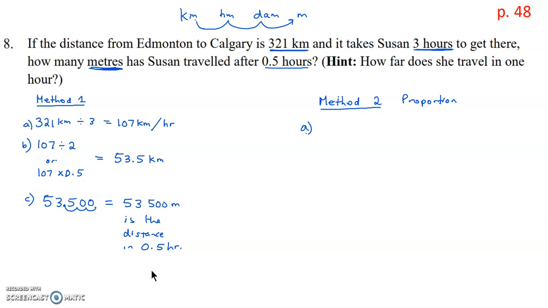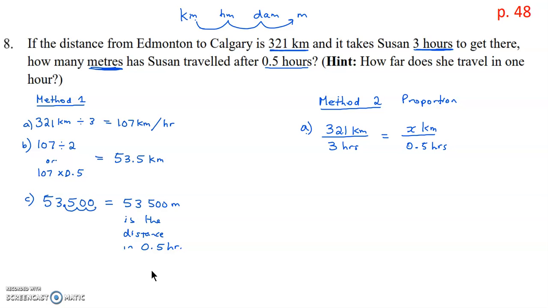So my first step is to set up, well, if I go 321 kilometers in 3 hours, how many kilometers, and that's going to be our unknown, in 0.5 hours. Now again, I've chosen not to do the conversion yet.